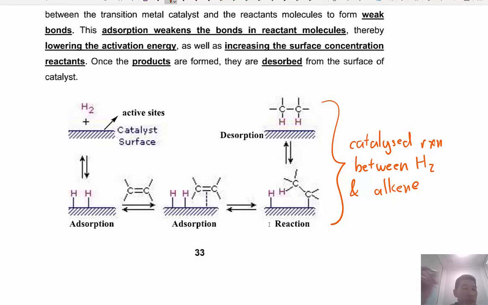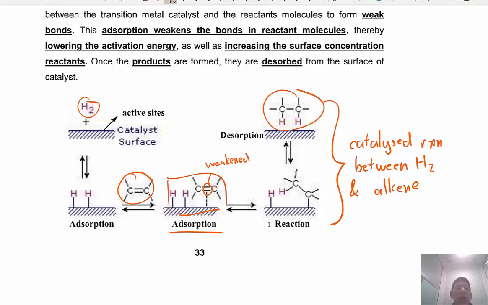Okay, so just to say again, the H2 is adsorbed on the surface, the alkene is adsorbed on the surface, they are all adsorbed. Okay, then the bonds are weakened. So because the bonds are weakened, it's easier for the H2 to react with the alkene. After reaction, then the whole thing can be desorbed. And this is the product. So this is your heterogeneous catalysis.